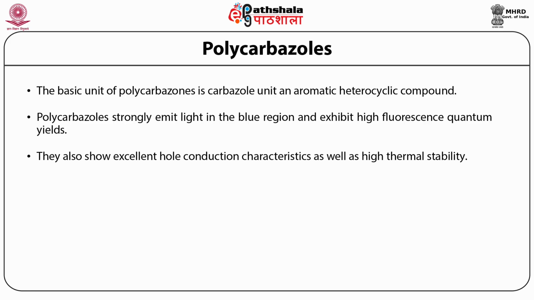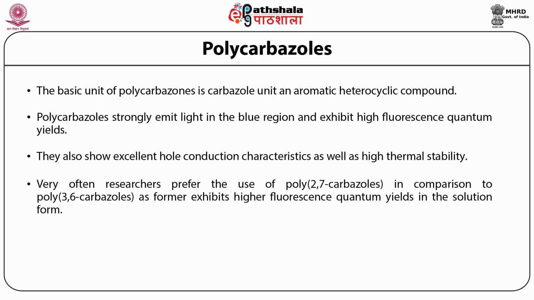They also show excellent hole conduction characteristics as well as high thermal stability. Their energy levels can be well aligned with that of ITO, making hole injection easier, governed by the nature of substitution and whether it is 3,6 or 2,7 type. Very often, researchers prefer the use of poly-2,7-carbazoles in comparison to 3,6-carbazoles, as the former exhibits high fluorescence quantum yields in solution form.